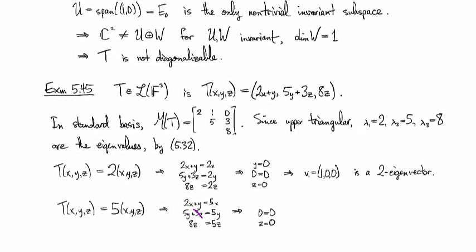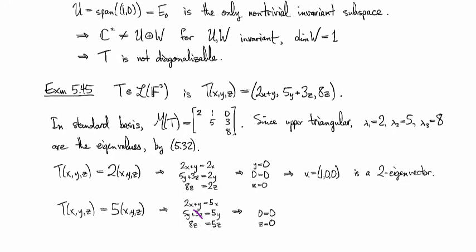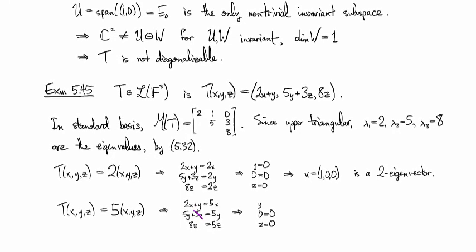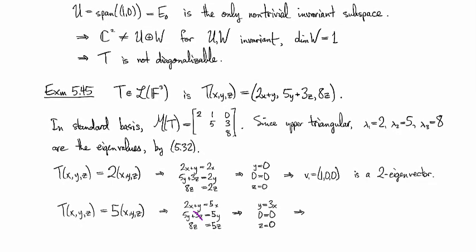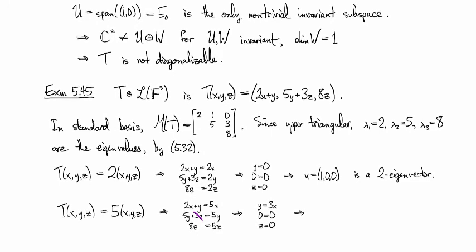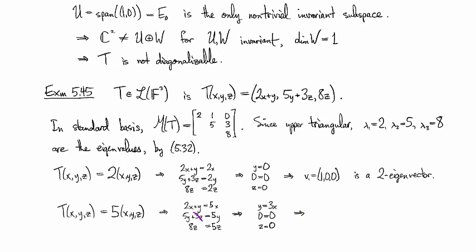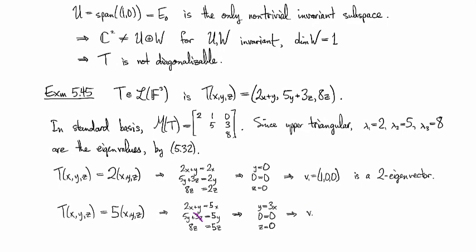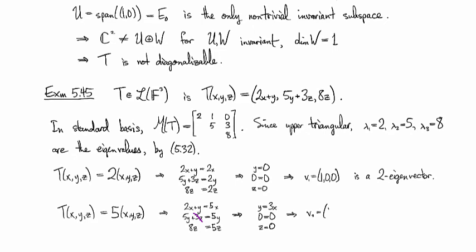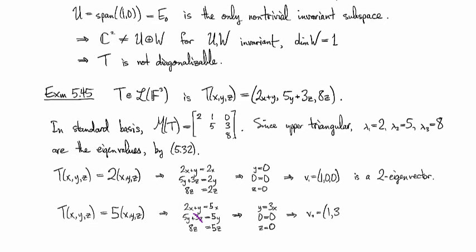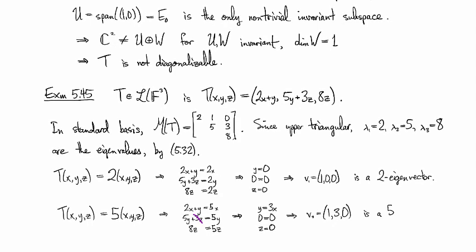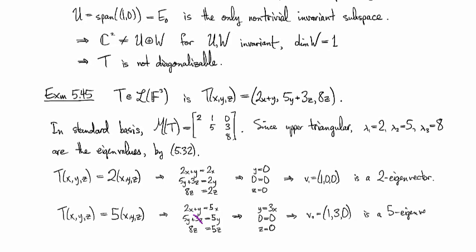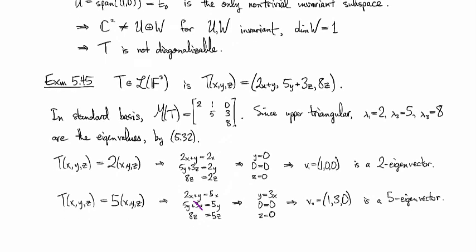And from the top one, we get y has to be equal to 3x. So the second coordinate is 3 times the first coordinate. If the first one were 1, for example, then the next one would have to be 3 times that, and then we saw z is equal to 0.